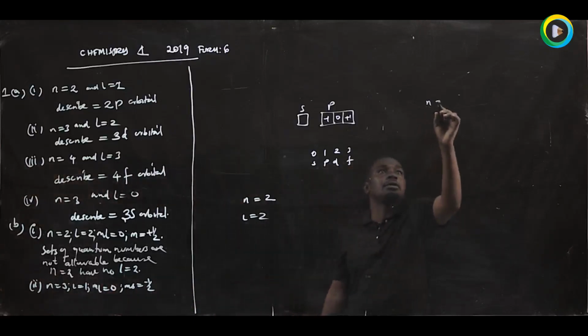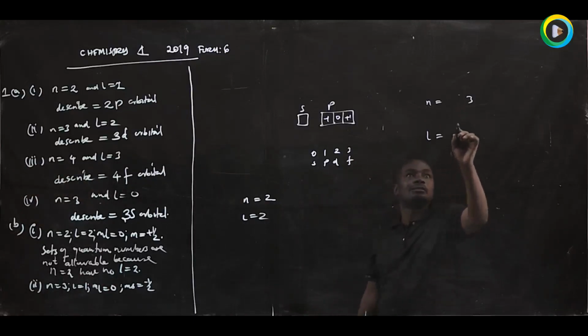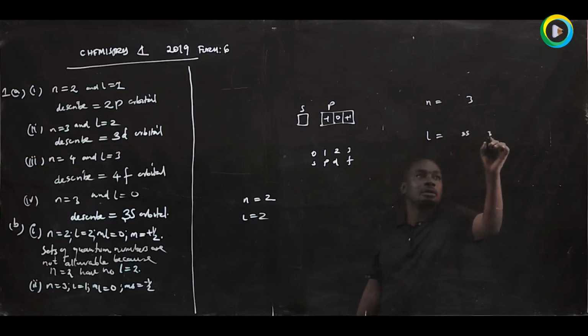So n is equal to 3 is the third shell, divided into 3 subshells: 3s, 3p and 3d.